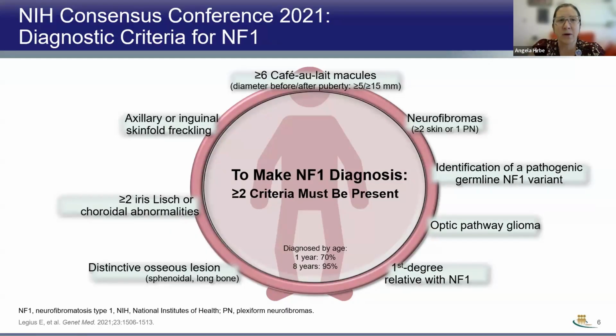So 6 or more café au lait macules, which are large birthmarks, neurofibromas, so at least 2 neurofibromas on the skin or 1 plexiform neurofibroma, identification of a pathogenic germline NF1 variant by genetic testing, an optic pathway glioma, a first-degree relative with NF1, a distinct osseous lesion such as sphenoid wing dysplasia or long bone dysplasias, greater than 2 Lisch nodules or choroidal abnormalities within the eye, and then axillary or inguinal skin fold freckling, so areas that don't typically see the sunlight.